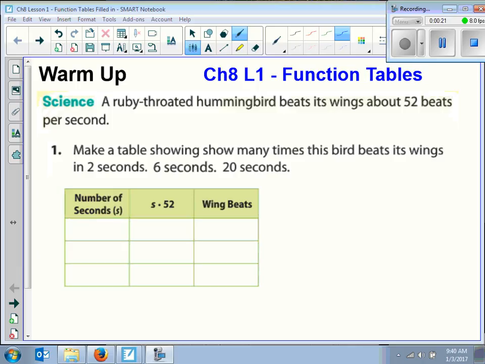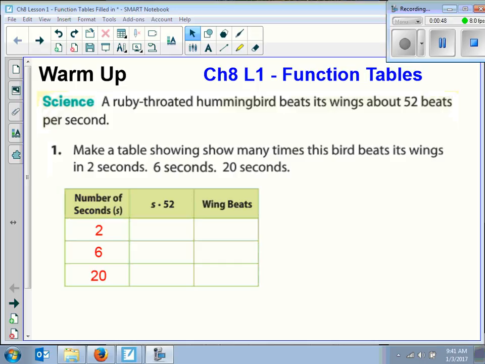The number of seconds go here in the first column. Okay? The number of seconds are 2, 6, and 20, right? So we put the number of seconds in the first column. Now, that 2 seconds goes into S times 52, where S represents the number of seconds.